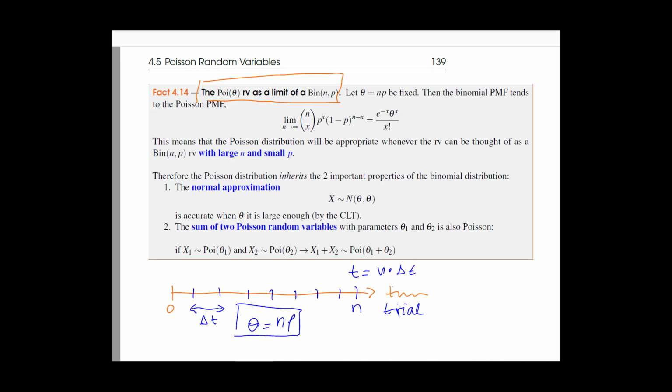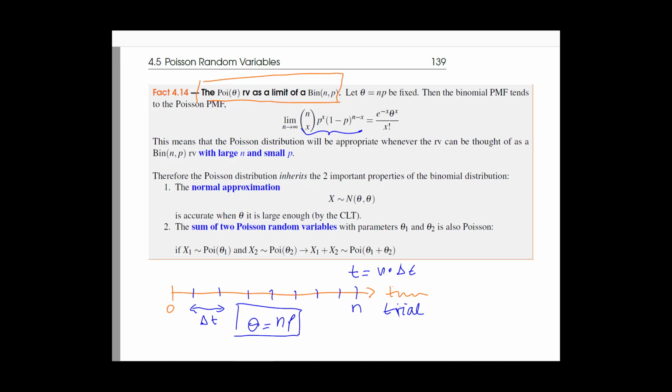Okay, and then we say this is the binomial probability. So if we divide again in 12 months, so n is 12, and this would give us the probability of x tornadoes in 12 months. And that's the binomial distribution, right?